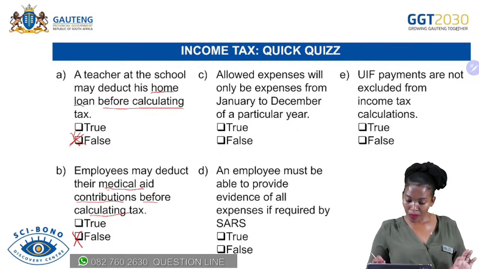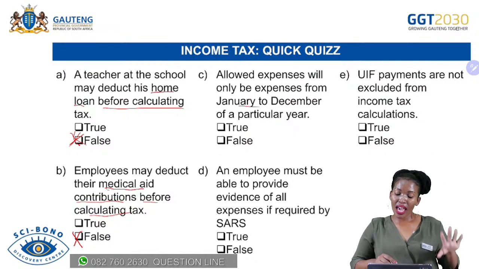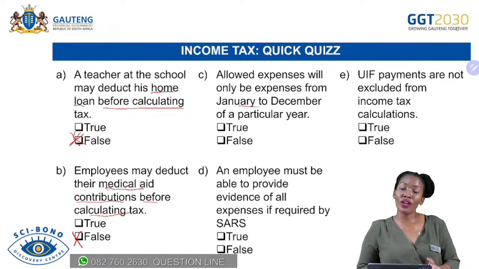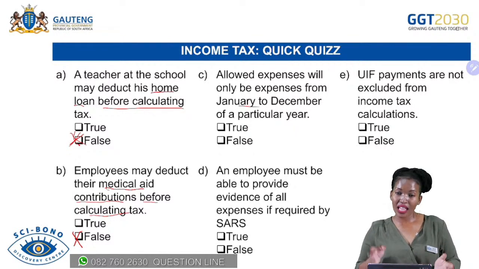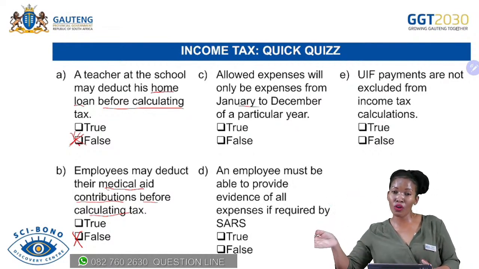And then C, allowed expenses will only be expenses from January to December. So guys, when you talk about tax, it is normally on an annual basis. And the financial year for the tax period is normally from Feb this year until March the following year.